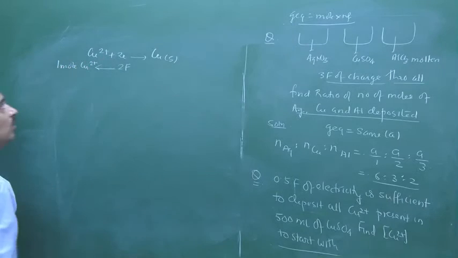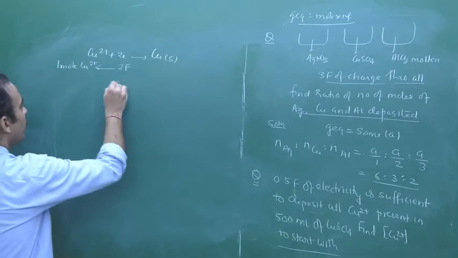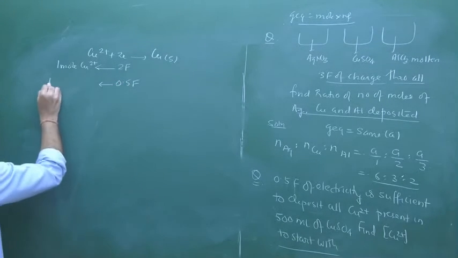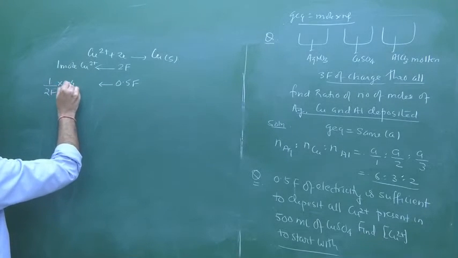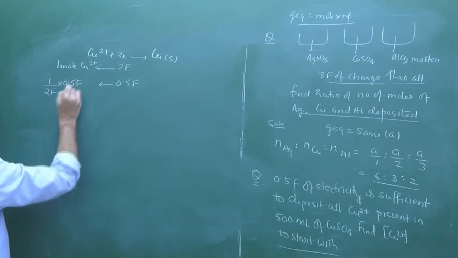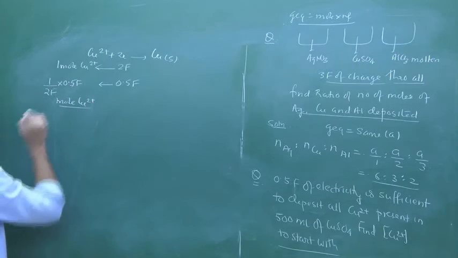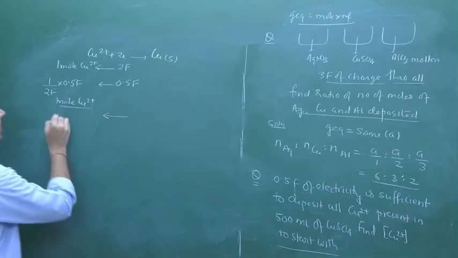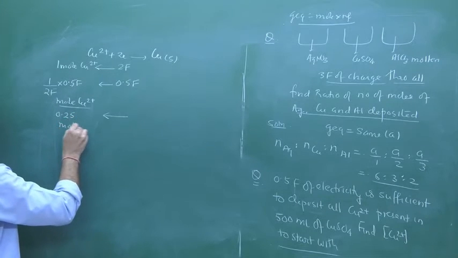According to equation, 2 Faraday is reducing 1 mole of Cu2 plus. Therefore, 0.5 Faraday will reduce 1 divided by 2 into 0.5 mole Cu2 plus. Is it clear, beta? Therefore, we can say it is 0.25 mole Cu2 plus.